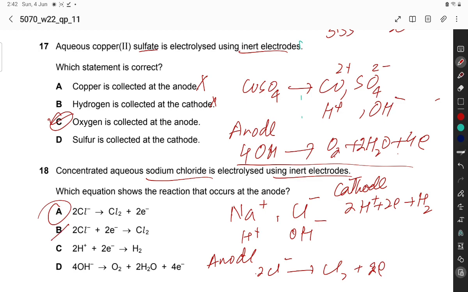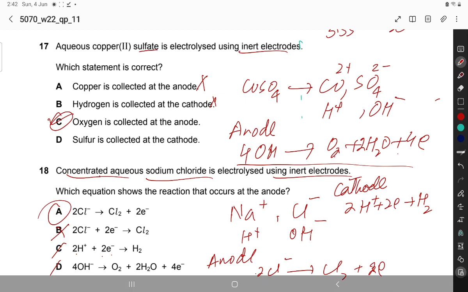So this is incorrect because it is reduction. Electrons are showing on the right side, on the wrong side. 2H positive, this reaction at cathode, so this is incorrect. This reaction at anode, if solution is dilute instead of concentrated aqueous, so this is also incorrect.